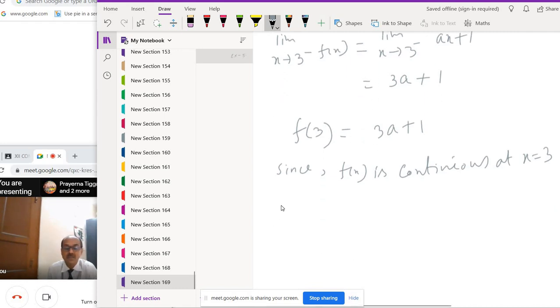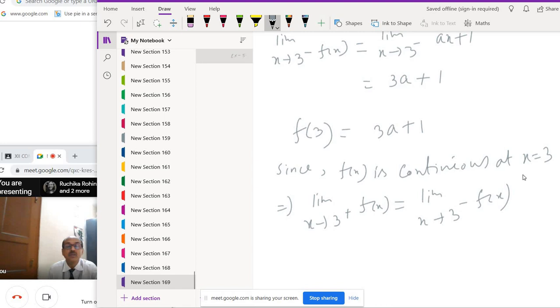This implies the limit as x tends to 3 plus of f(x) equals the limit as x tends to 3 minus of f(x). These two are the same because the function is continuous.